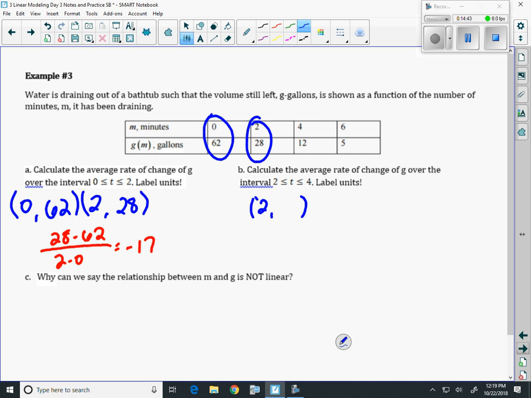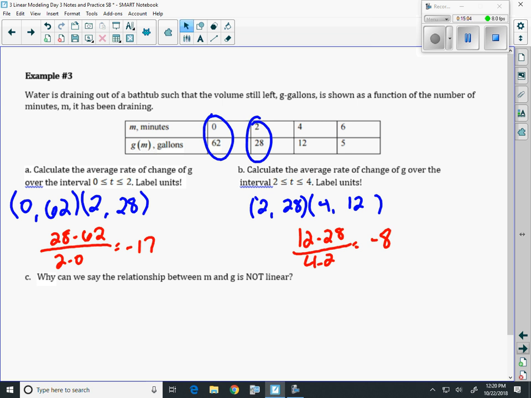Go ahead and do B if you get done with A. Agree with my numbers? Yeah. Negative 17 and negative 8. What does it mean if we get two different rates of change?